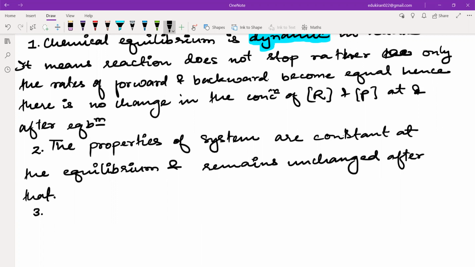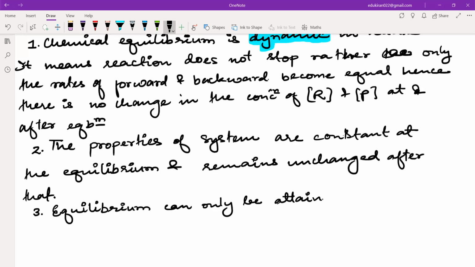Okay, then what do we have next? The third point. Equilibrium can only be attained in a closed system. Why?